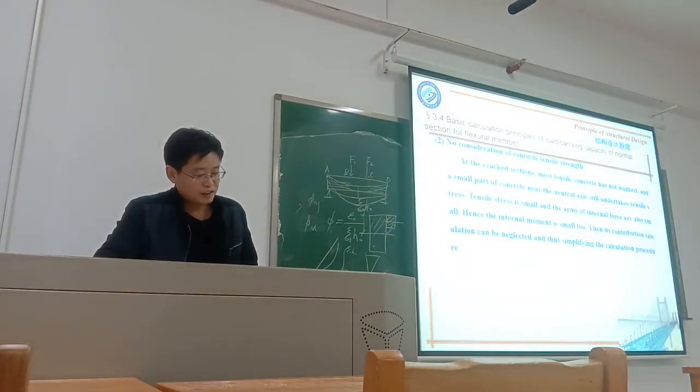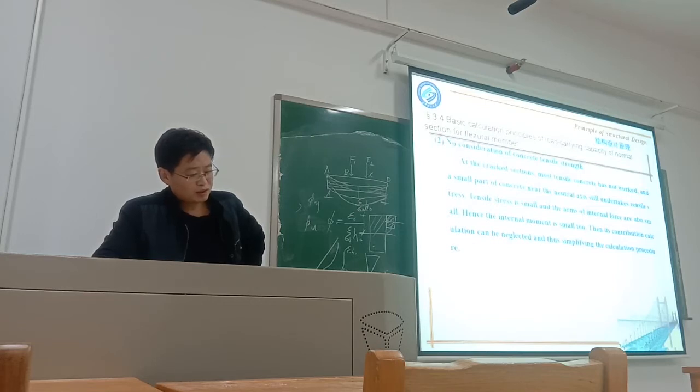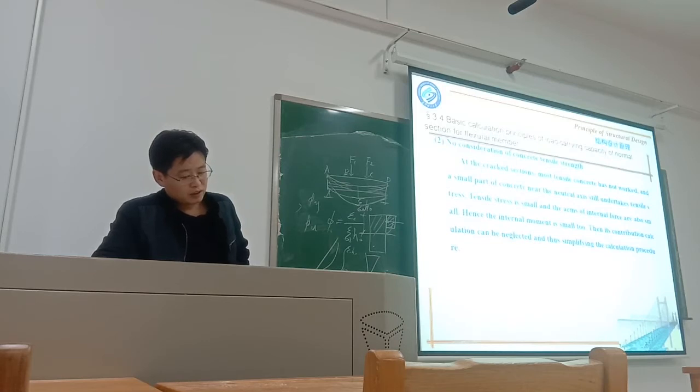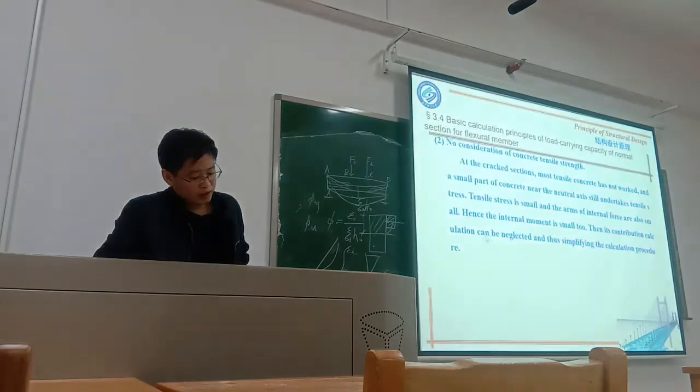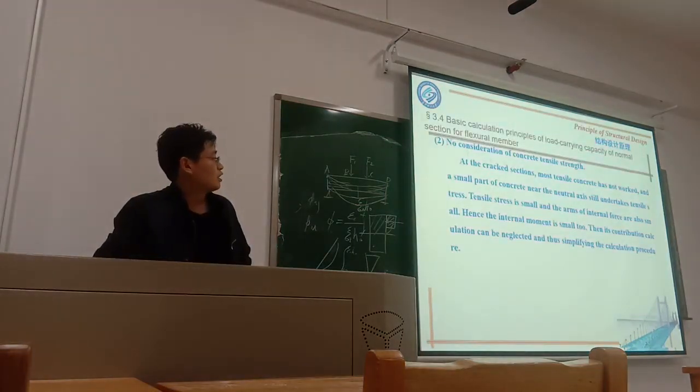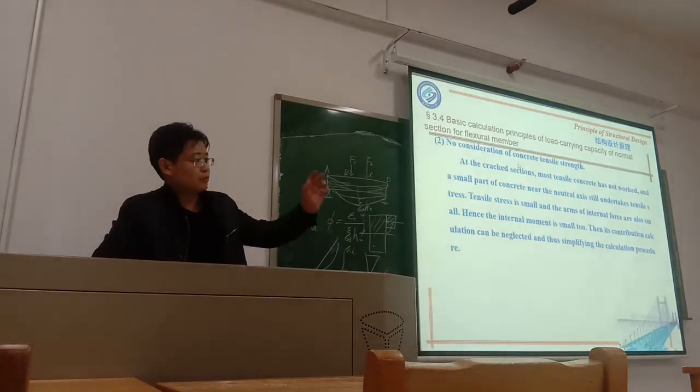But the tensile stress is small, and the arm of the internal force is also small, so the internal moment is small too. This contribution to the calculation can be neglected, and thus it simplifies the calculation procedure. This means that we don't consider the tensile force resisted by the concrete once the beam has cracked.